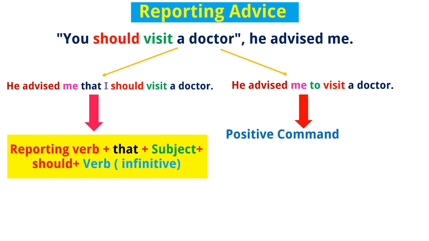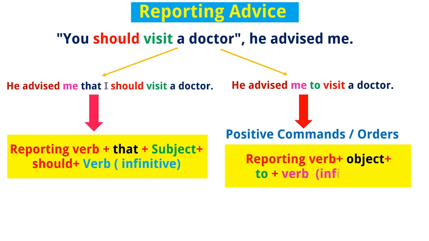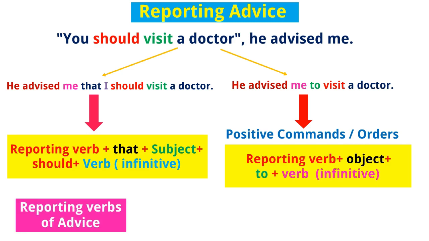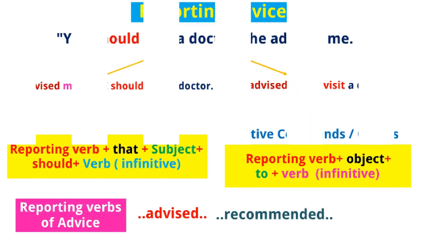And in the second one here, we applied the positive commands and orders rule, which is reporting verb plus object plus to plus verb in the infinitive. Reporting verbs of advice are advised or recommended, etc.